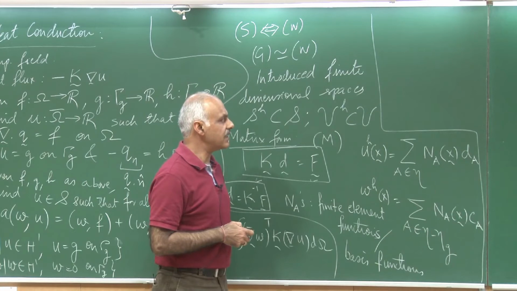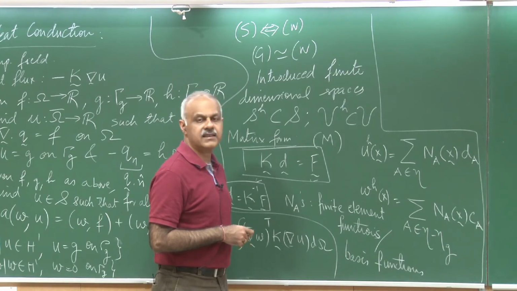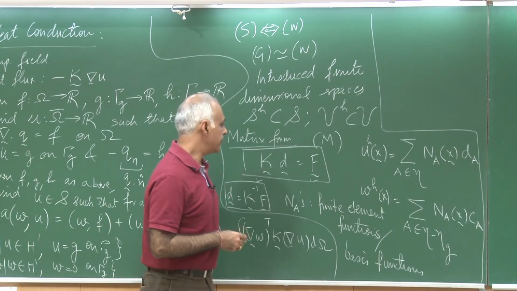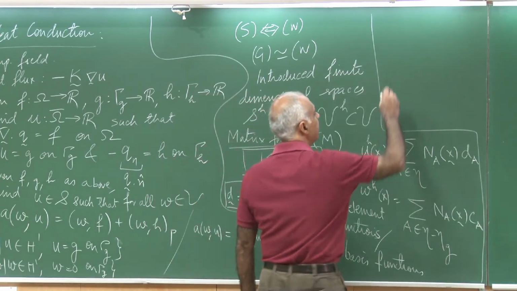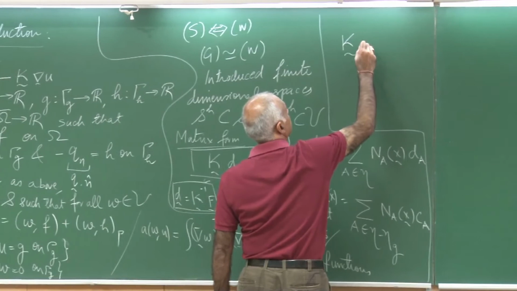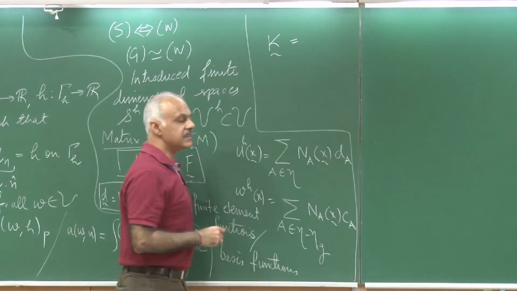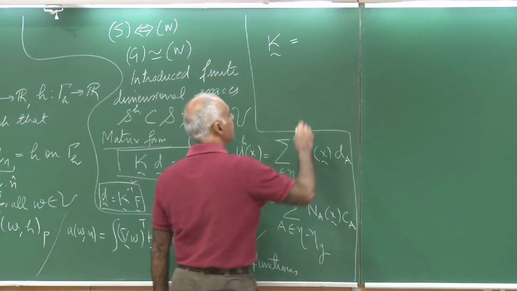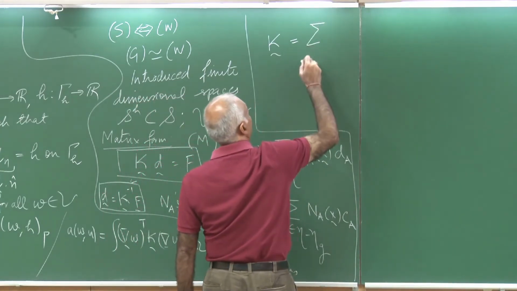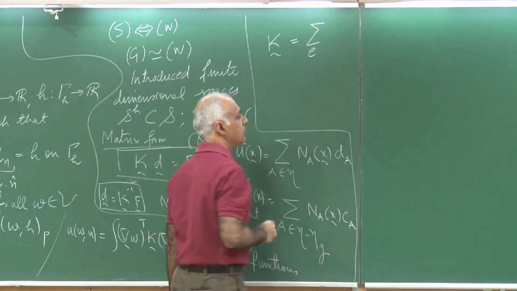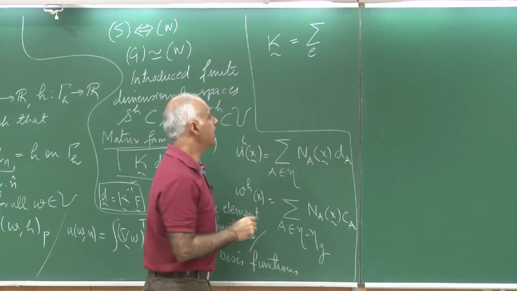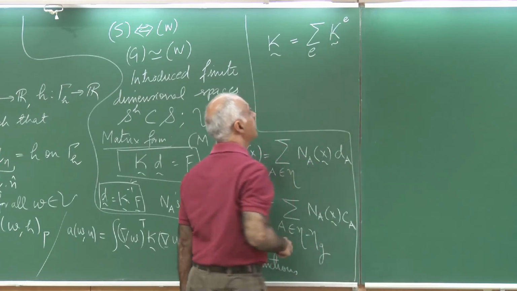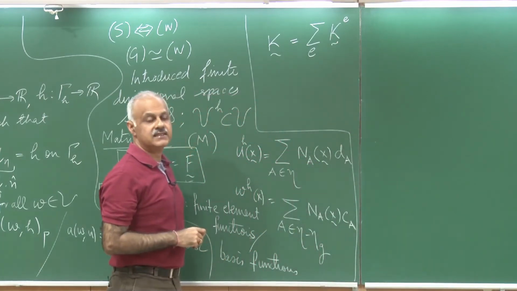So, in the last class we looked at some ideas of assembly. So, we said that if I look at the K matrix, then this is a large matrix, and I can actually go over all the element subdomains. So, if I go over a summation of all E, then I could write Ke as this.